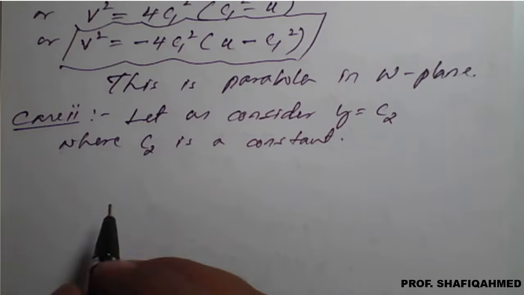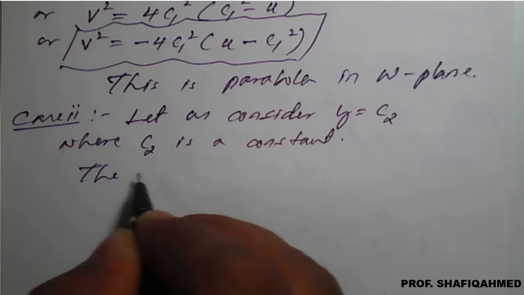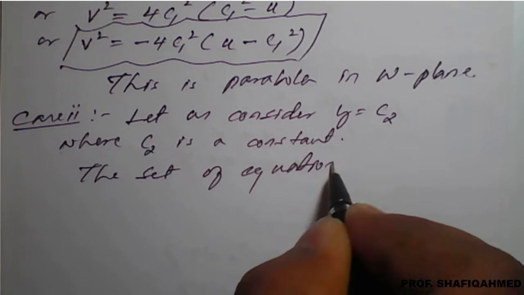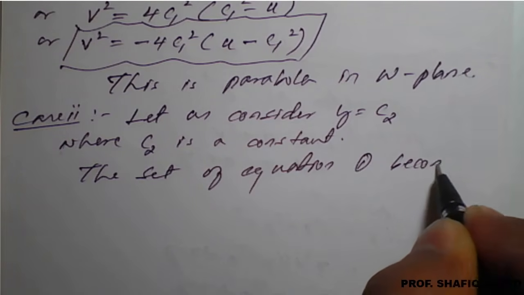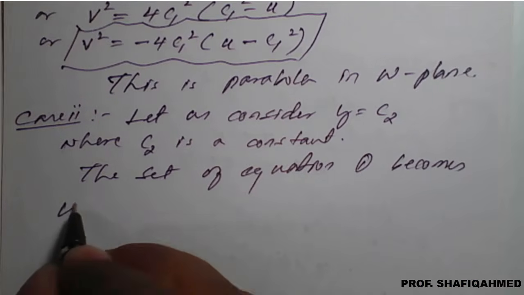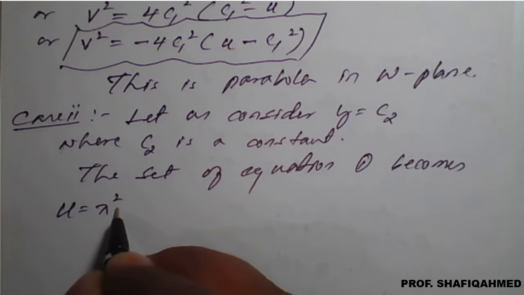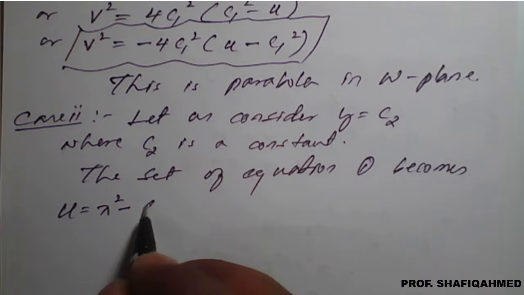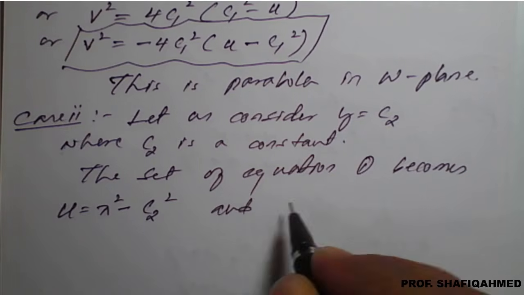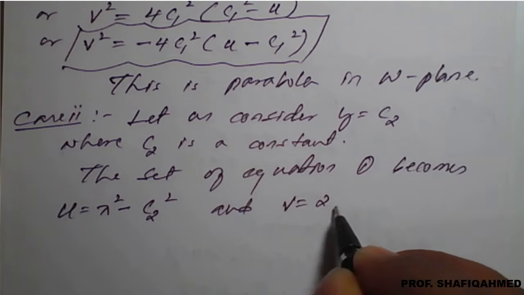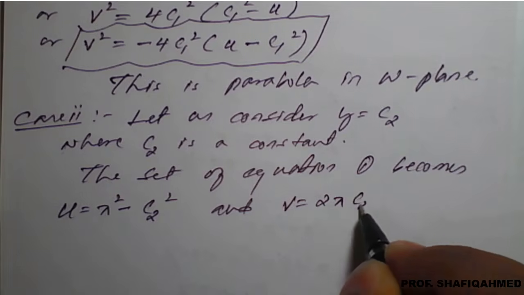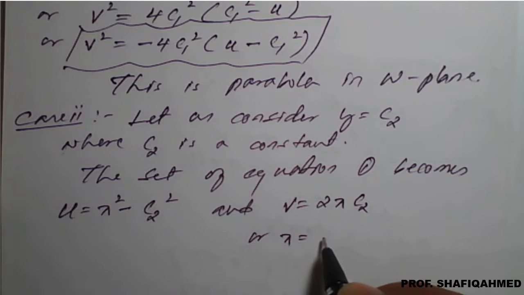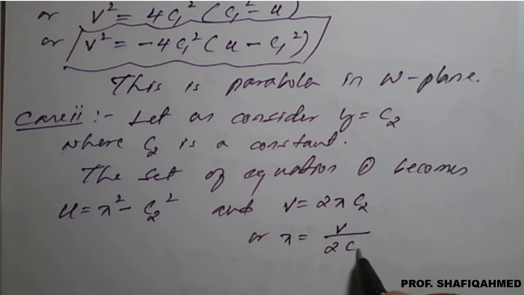Therefore the set of equation 1 becomes u is equal to x square as it is, minus y is going to be replaced by c2, so it will become c2 square, and v will become 2 times x as it is, times the y value c2. From this we can write the value of x: x is equal to v divided by 2c2.